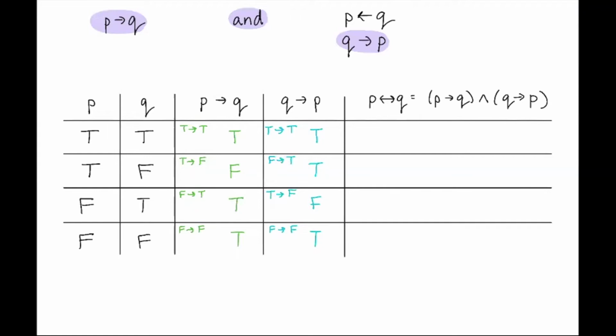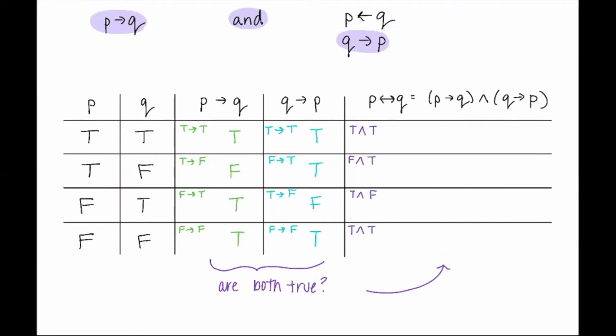So now we're asking for the biconditional: are both arrows true? That gives us the truth value of our biconditional. I've got my forward arrow and my backward arrow.